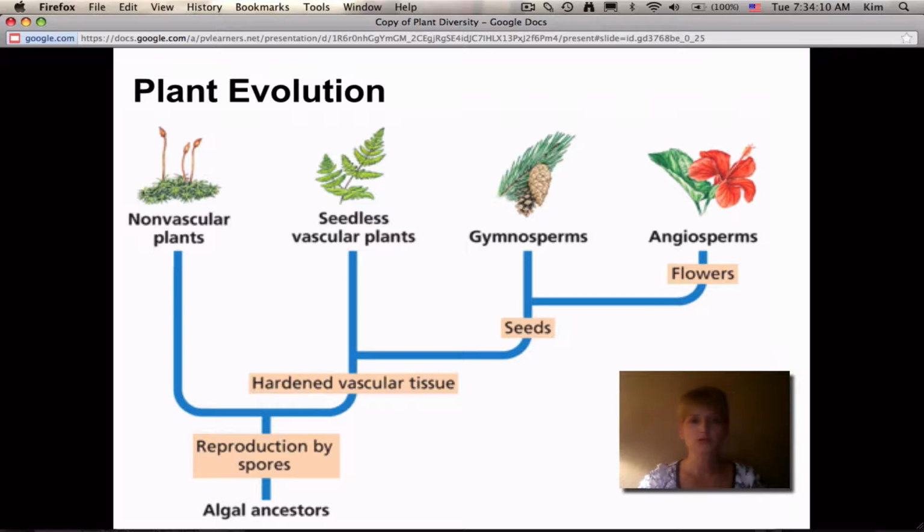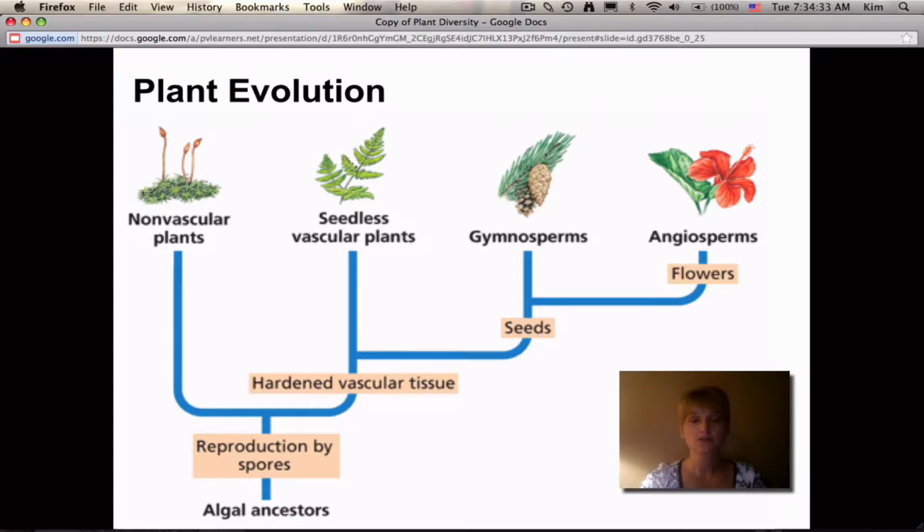So we're going to start with plant evolution because plants pretty much started out as water organisms. They were in the water and mostly like algae ancestors. And then we started to see reproduction by spores, and we ended up with non-vascular plants. These were very low-lying plants.